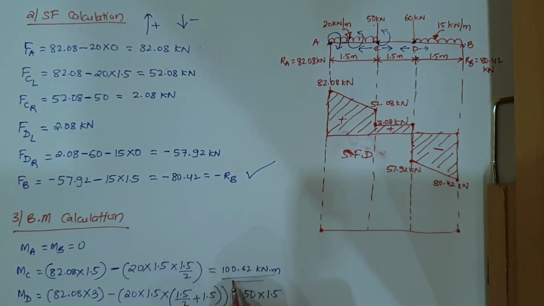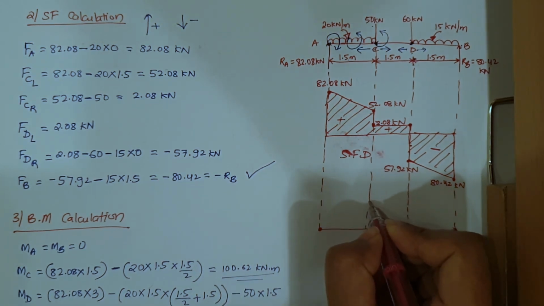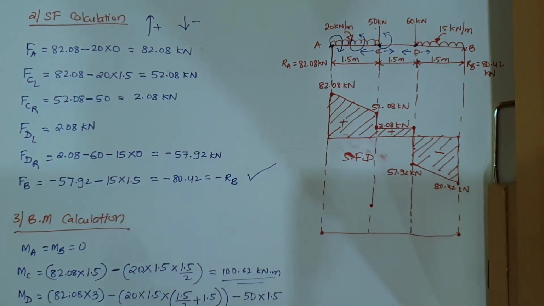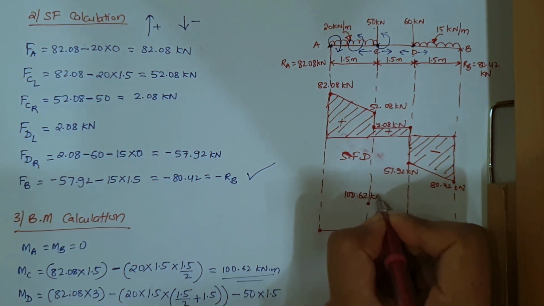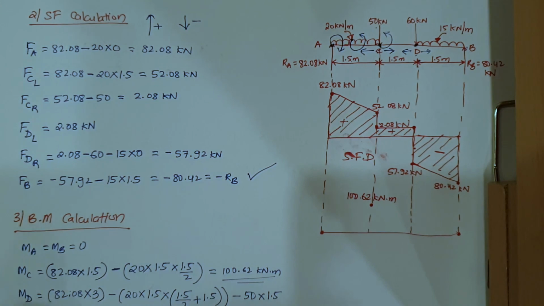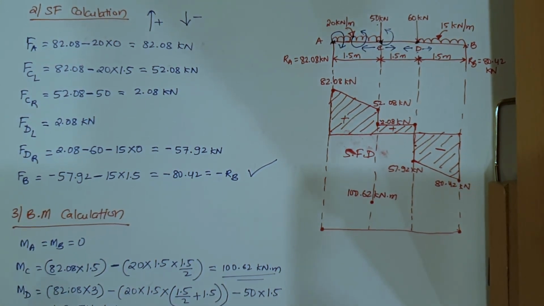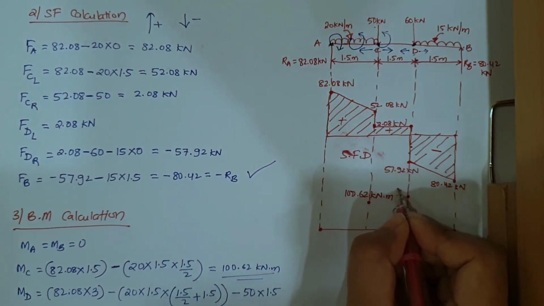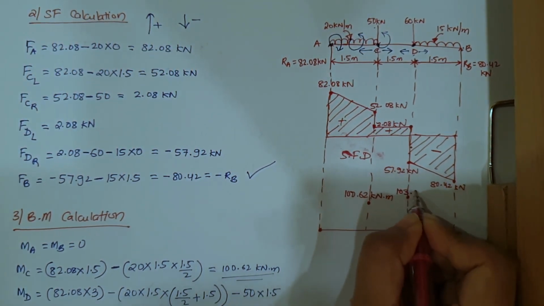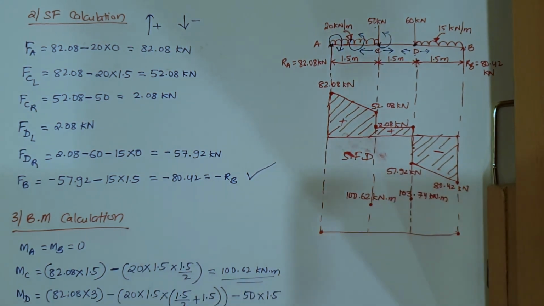Now at C point it is 100.62 kilonewton meter, and moment at D is coming equal to 103.74, so it is a little more, 103.74 kilonewton meter.